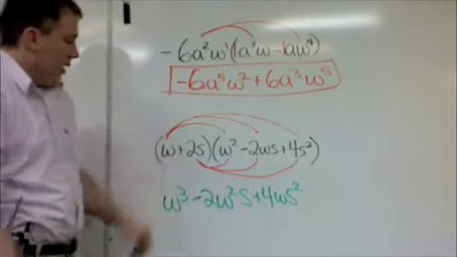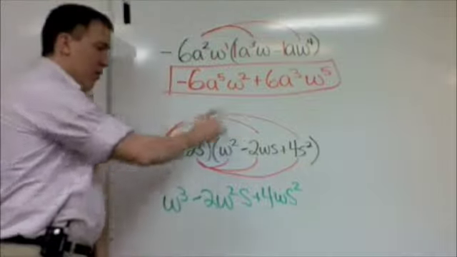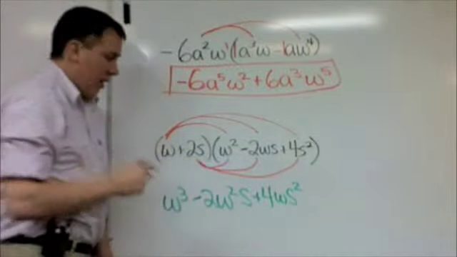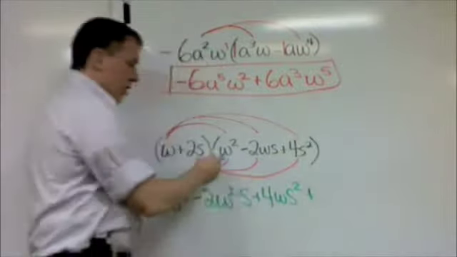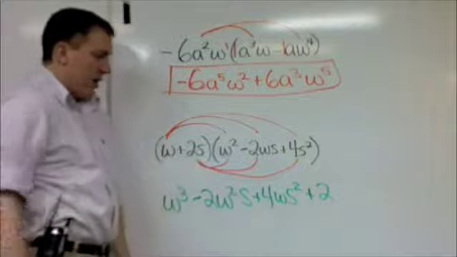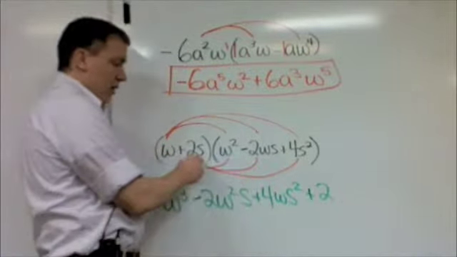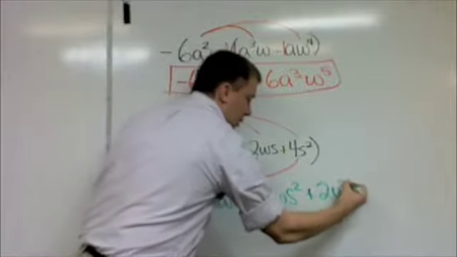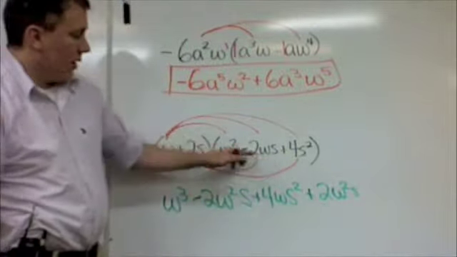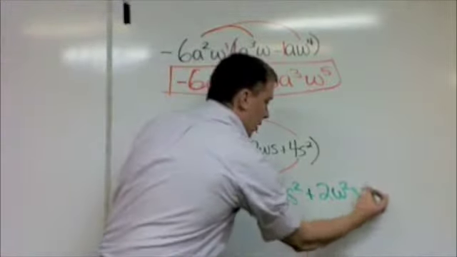Okay, going the other way, starting with this one, going to distribute all those ones. I've already done it with the W, now I'm going to do it with this. 2S times W squared. Okay, so 2 times 1 is 2. And these aren't the same letters. And again, I'm going to keep it in the same order of W first, then S. So W squared S. Then 2S times here is 2 times -2 is -4.